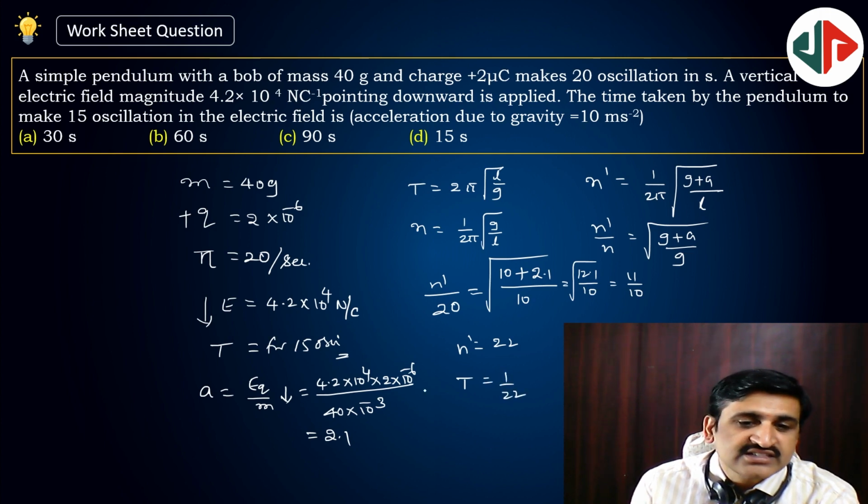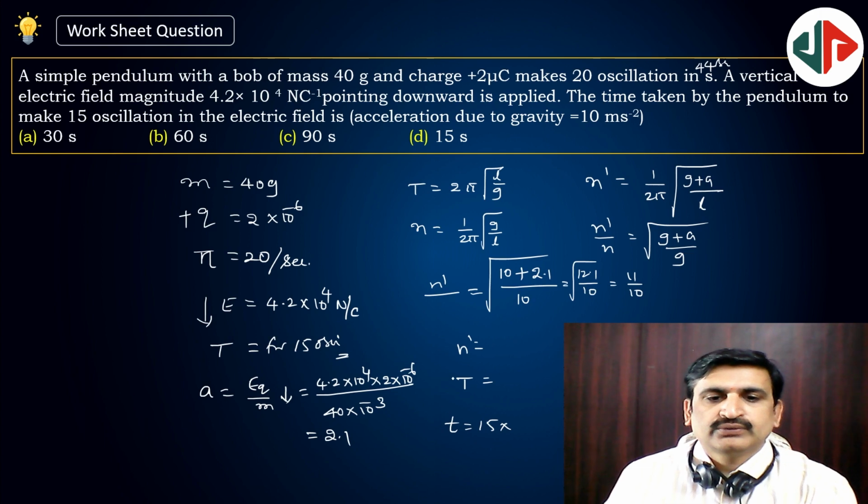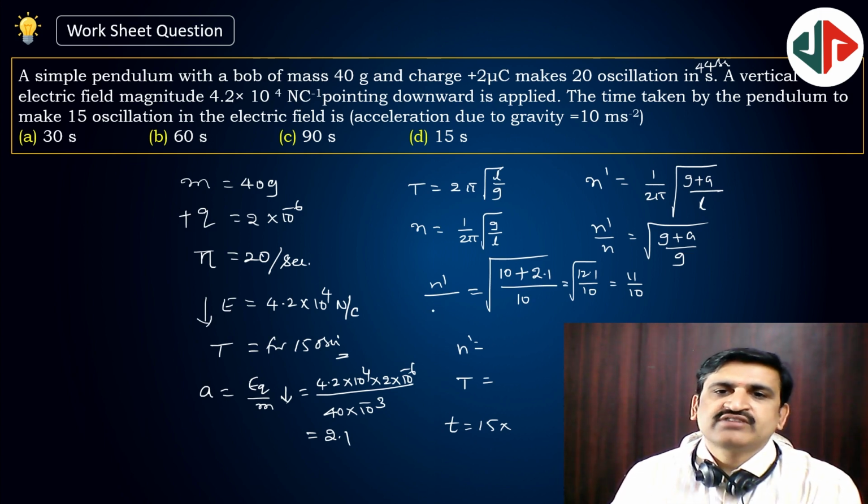How many oscillations do they want? Time for how many oscillations? 15. 15 into 1 by 22. So N dash by N, N is equal to 20 oscillations for 44 seconds, so it is 20 by 44.